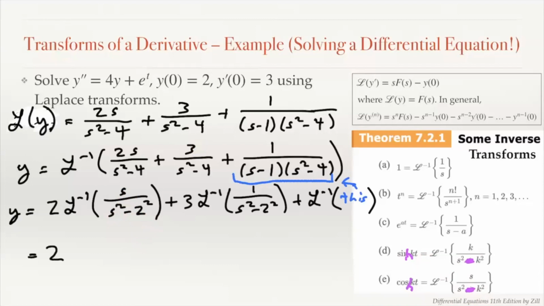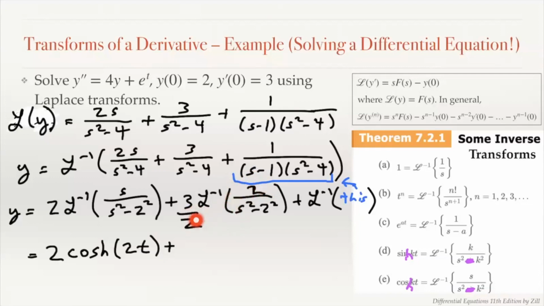Okay, so right now, these two guys are nice. That is hyperbolic cosine of 2t. And then is that hyperbolic sine of 2t? Be astute, there's a k up there. So what we need is to get that 2 up there. So how do we do that? We can multiply by 2 and then divide by 2. Yep, so again, that was multiplying by 2 on the inside and then pulling out the 1 over 2 to the outside.